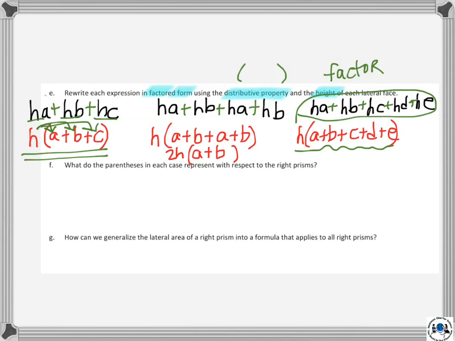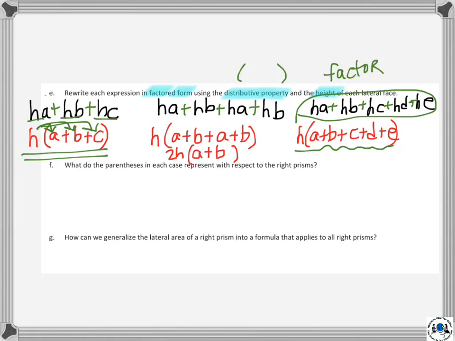This next question, question F, is really incredible and so interesting when you see what it represents. It asks: what do the values in the parentheses in each case represent with respect to the right prism?